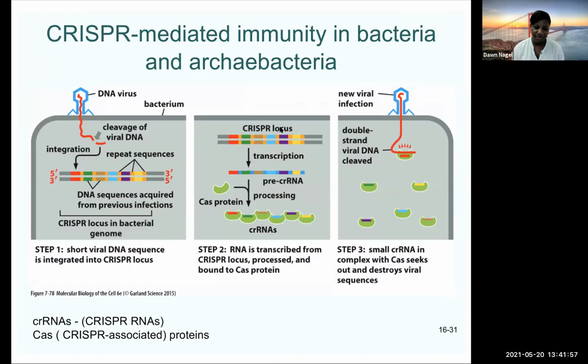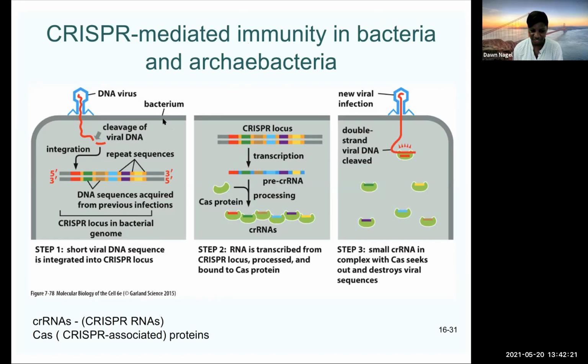This mechanism is called CRISPR, right? It is a way that bacteria and archaea, very early bacteria, use to prevent infection by viruses. It's considered the immune response in bacteria, okay?